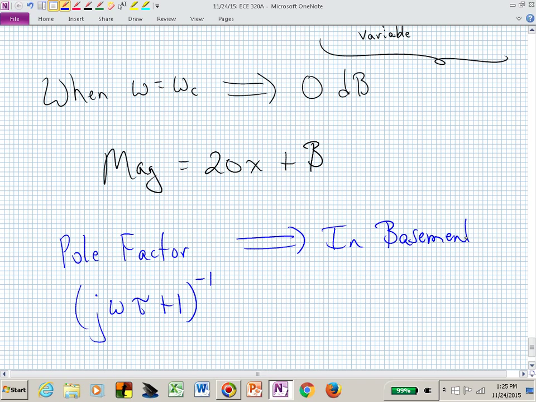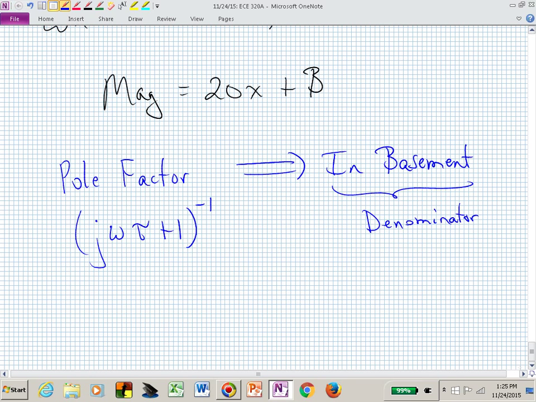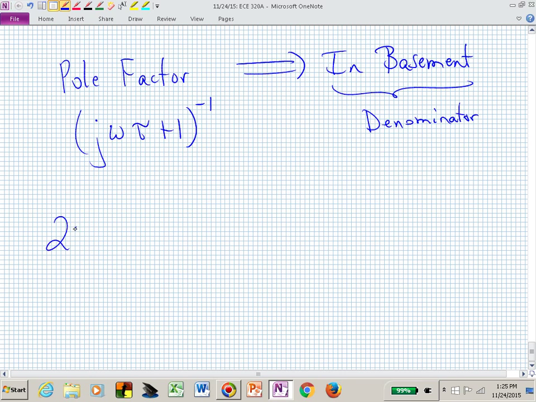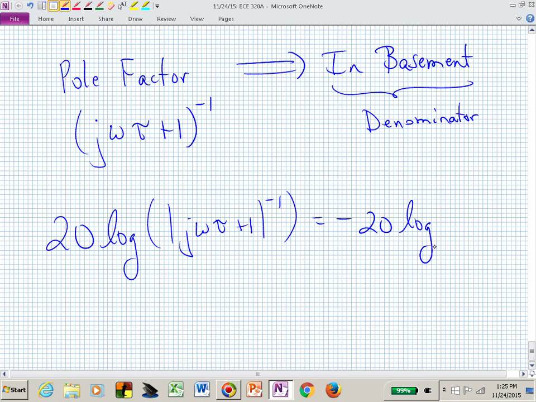That's in the basement or downstairs, or that's in the denominator. Now if we were looking at that, we have 20 times the log of (j omega tau plus 1) to the minus 1. This is now minus 20 times the log of that same expression that we were just talking about, and we know how to approximate that.